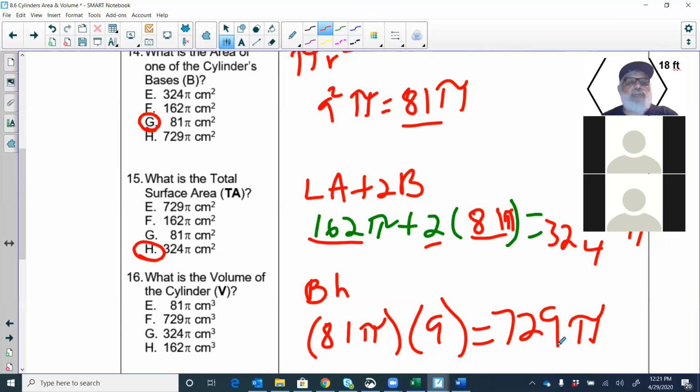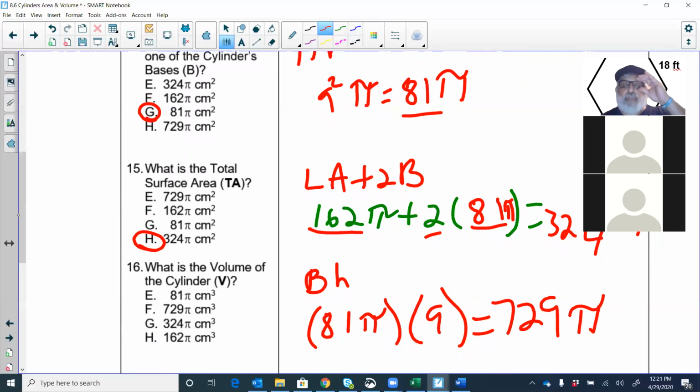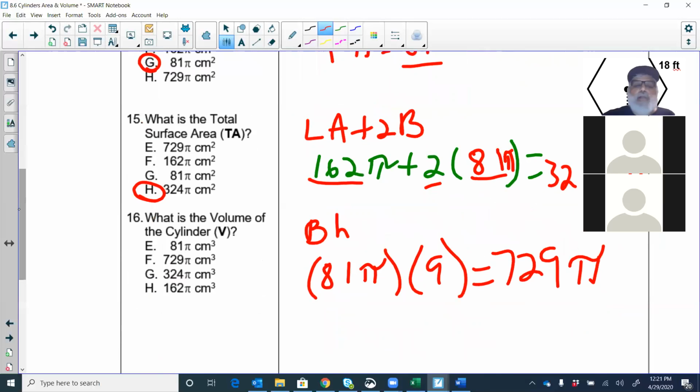Now, one of the things I want you guys to remember, whenever you got these types of shapes, I don't care what the shape is. Once I find the area of the base, it's going to be times the height, and that will always give me the volume.